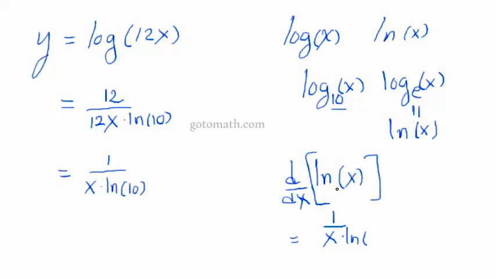The base is e right here, but we don't write it. But what is the natural log of e? It's just 1. So we end up with x. So that's the reason we don't even write this when we take the derivative of the natural log function. But for the derivative of the log function, we're going to end up writing the natural log of whatever the base happens to be. This particular one is 10.